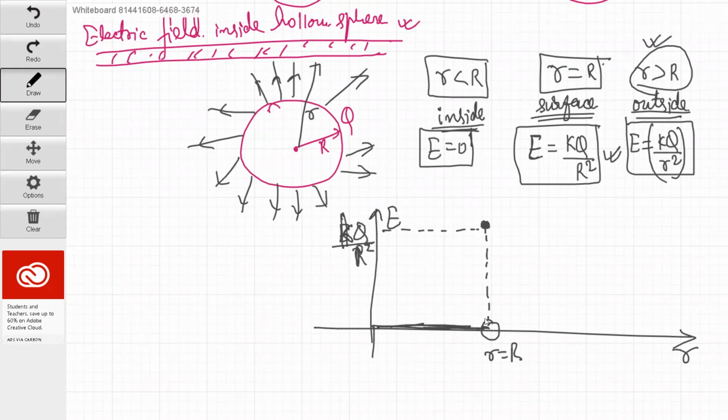Now it will decrease and at infinity it tends to 0. This is the graph of electric field versus r for the hollow sphere. Copy it.